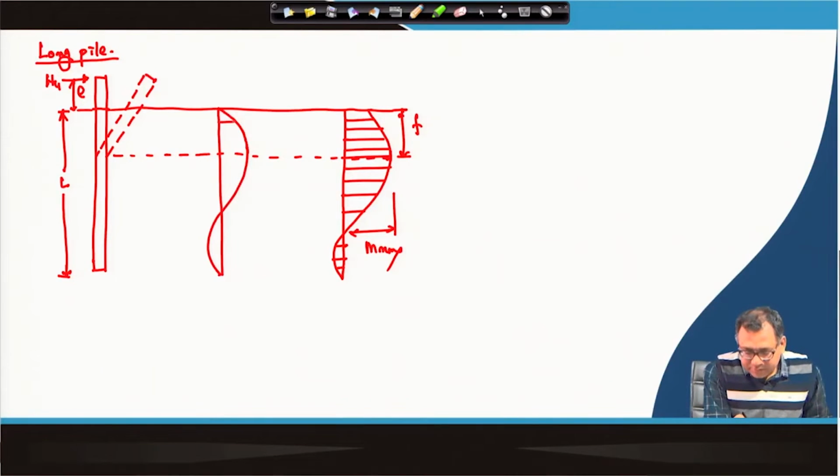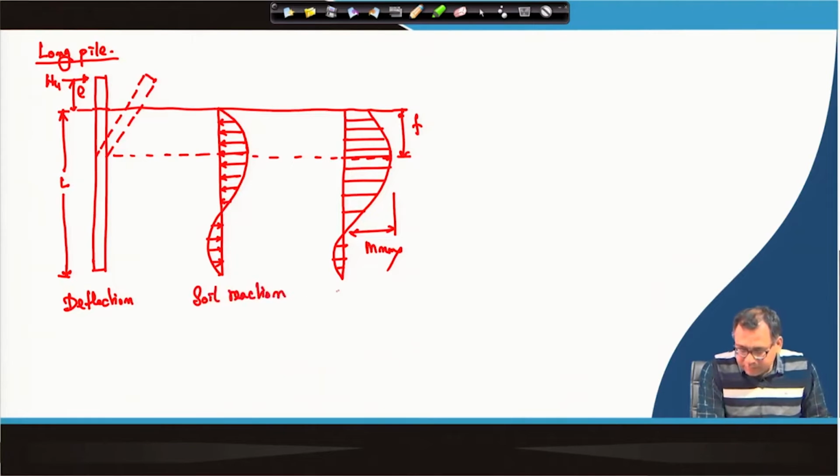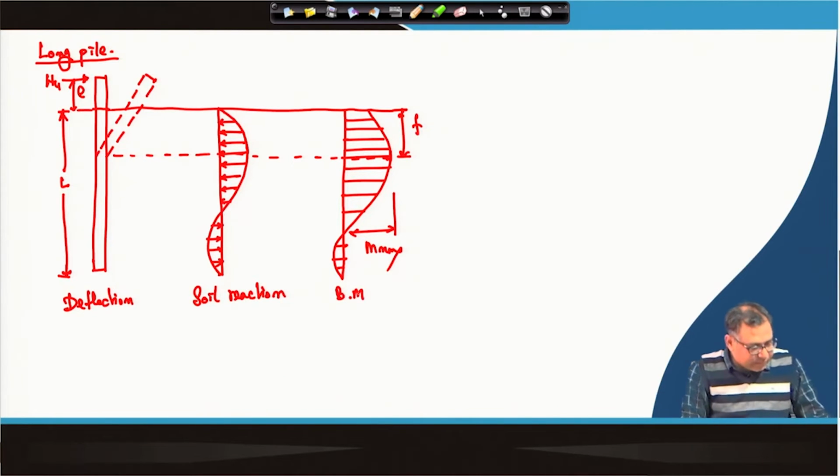Okay. This is deflection, this is soil reaction, this is bending moment. Fine.